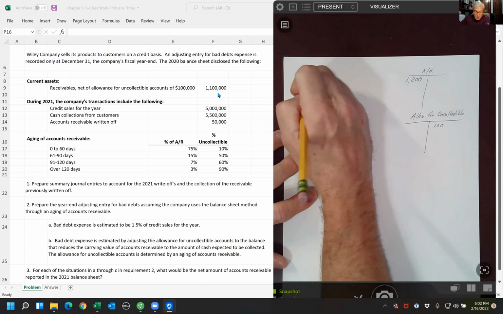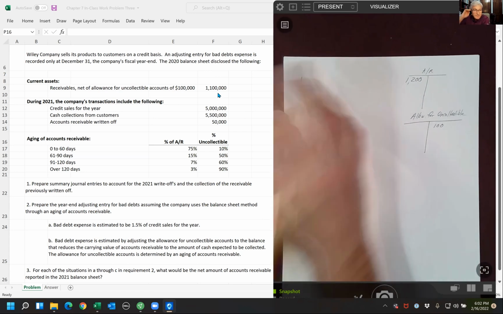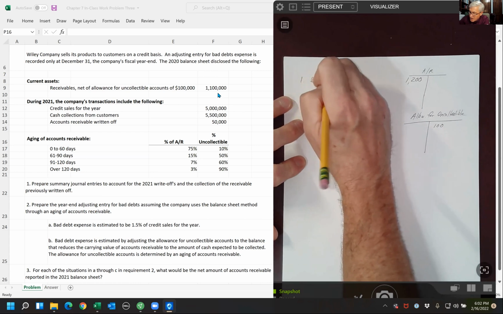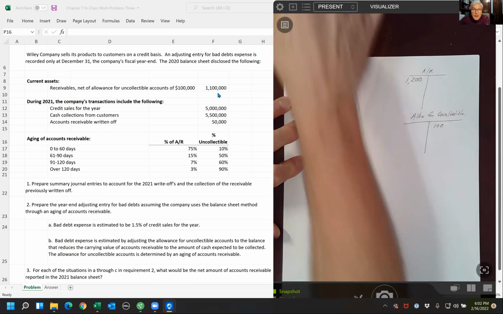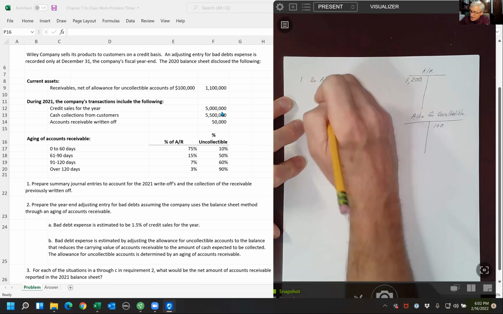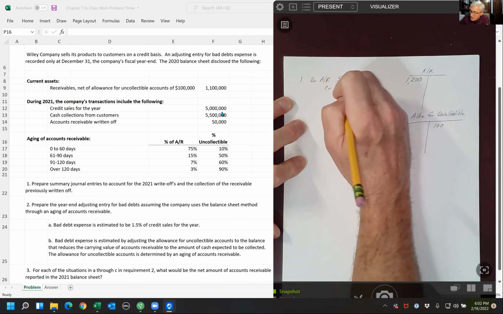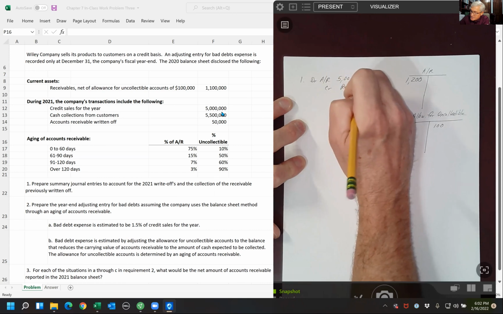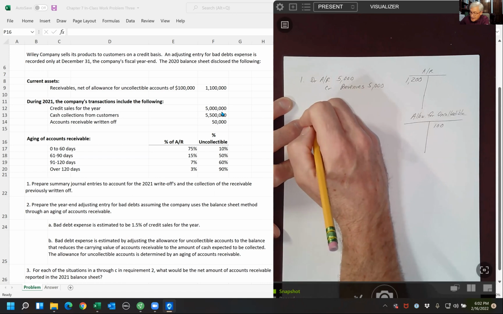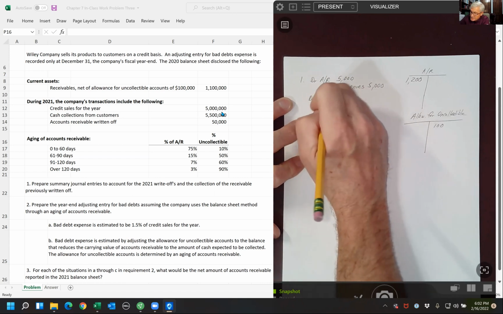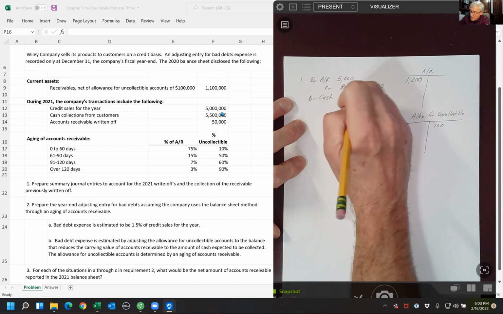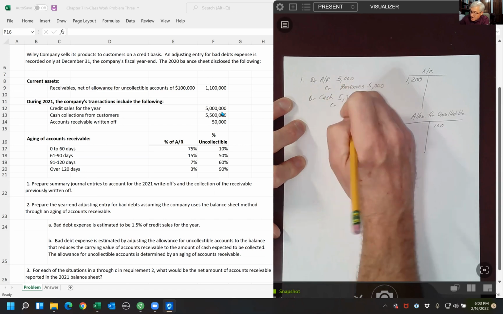All right, let's go do our journal entries from number 1. Debit AR. We did $5 million of credit sales, credit revenues. We collected cash, $5,500,000, credit AR.